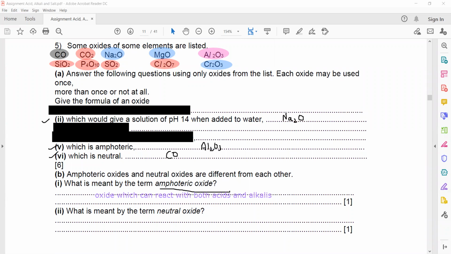What is meant by neutral oxide? The oxide which does not react with acid and base both.